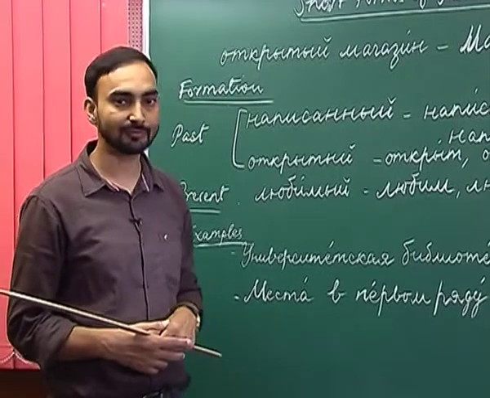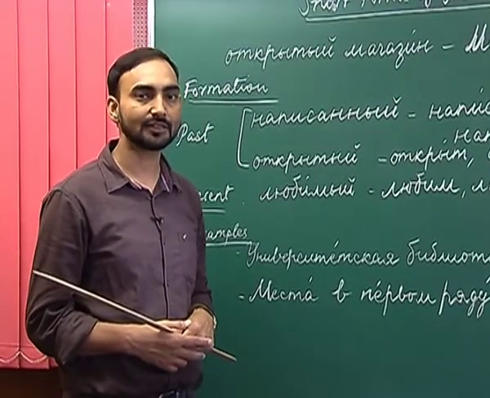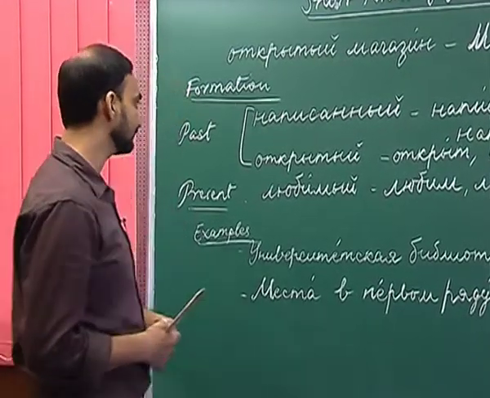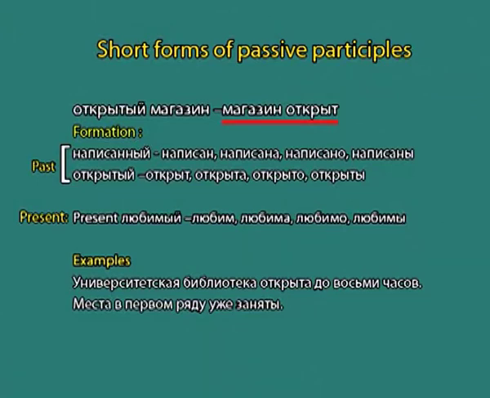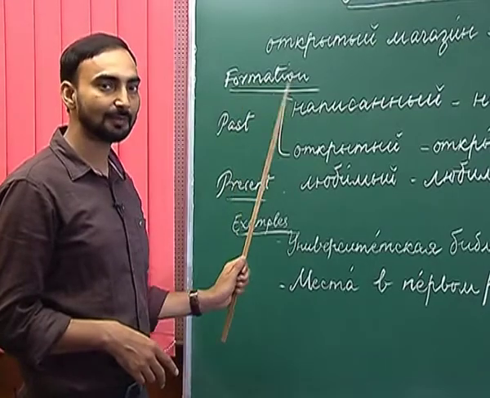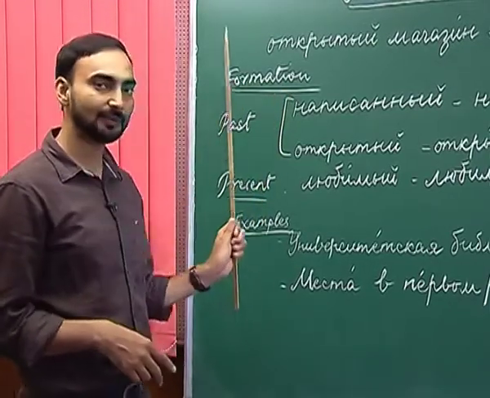How do we form the short forms of the passive participles? Passive participles include the present participle passive and the past participle passive.